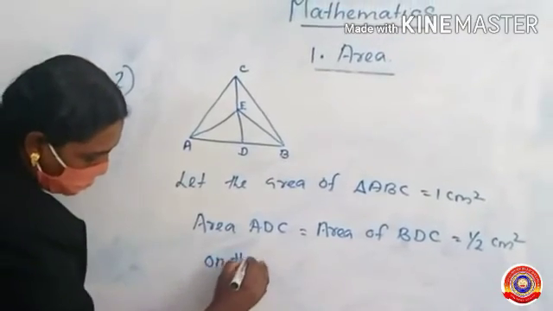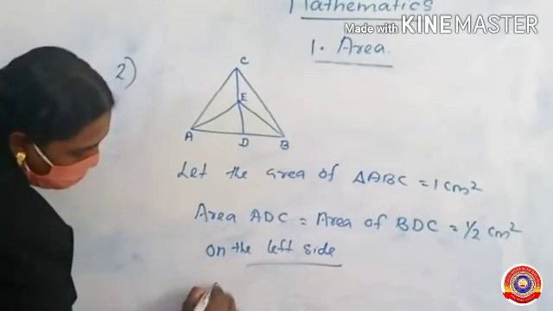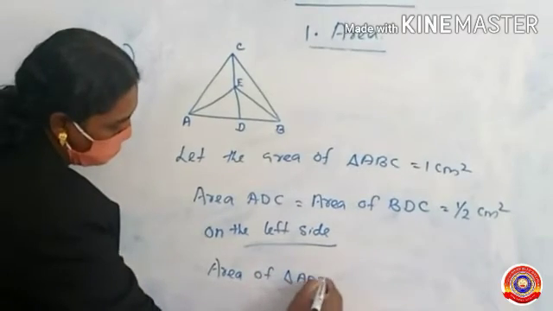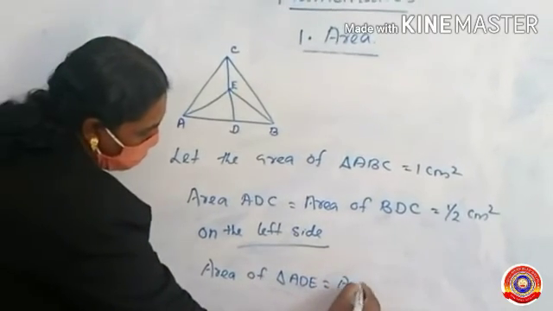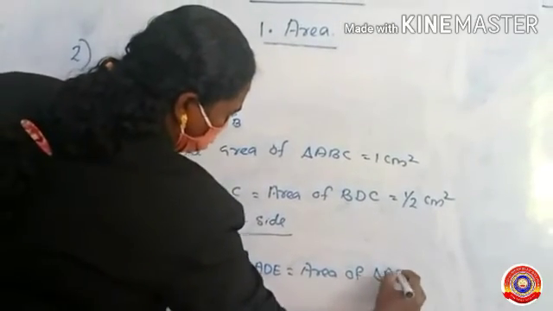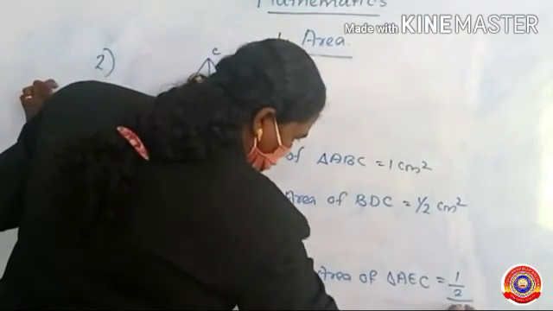So we can write, on the left side, the area of triangle ADE equals the area of triangle AEC equals half divided by 2, and it is equal to 1 by 4 centimeter square.